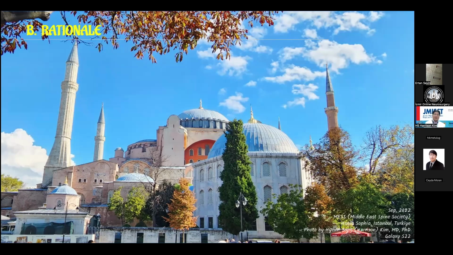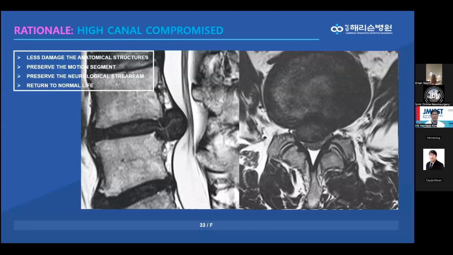Anyway, first we should think about why we must always remind ourselves of the purpose and concept of the transforaminal approach. I will show several kinds of degenerative disc cases.